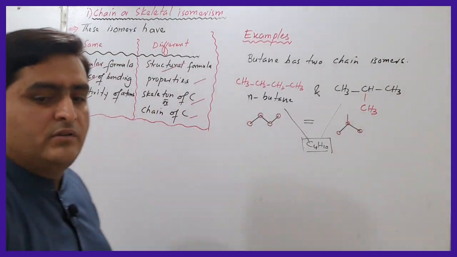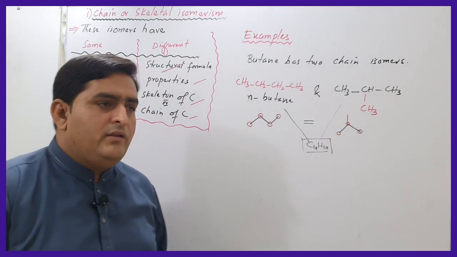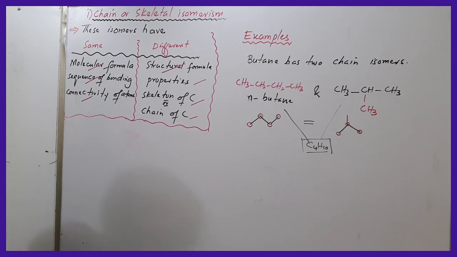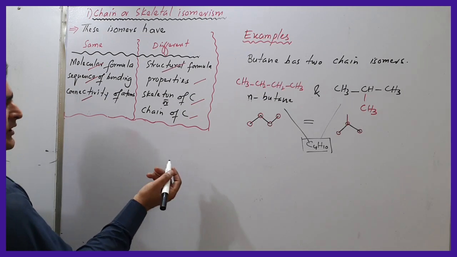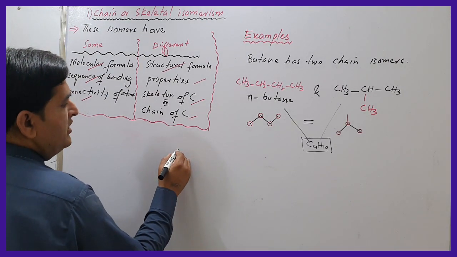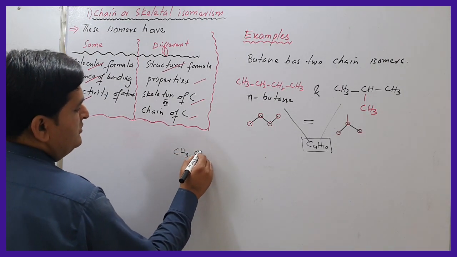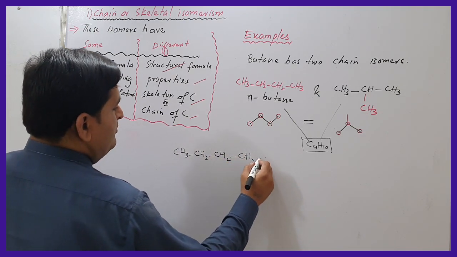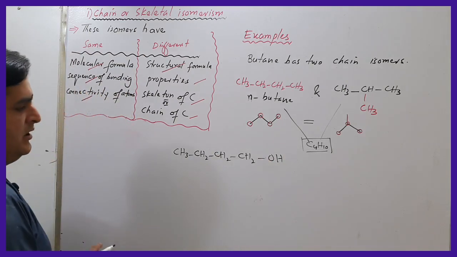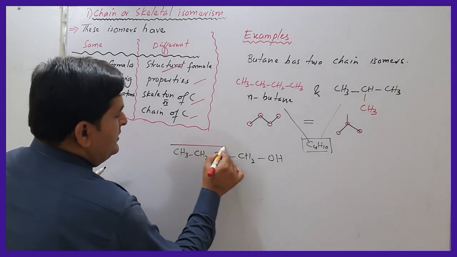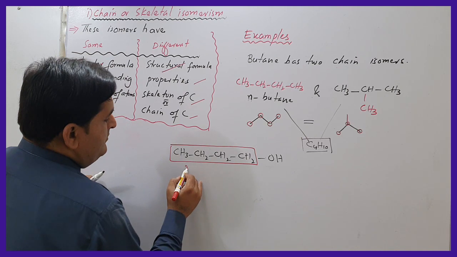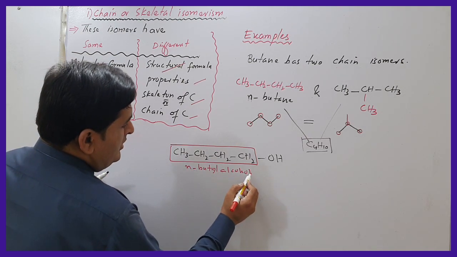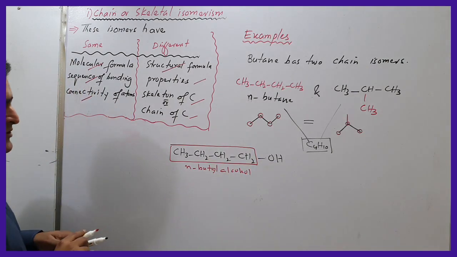This isomerism is not only possible in alkanes, but also in almost every functional group. For example, if we have an alcohol, CH3, CH2, CH2, CH2OH, this is butyl alcohol, or we say n-butyl alcohol, as this chain of carbon atoms is a straight chain.